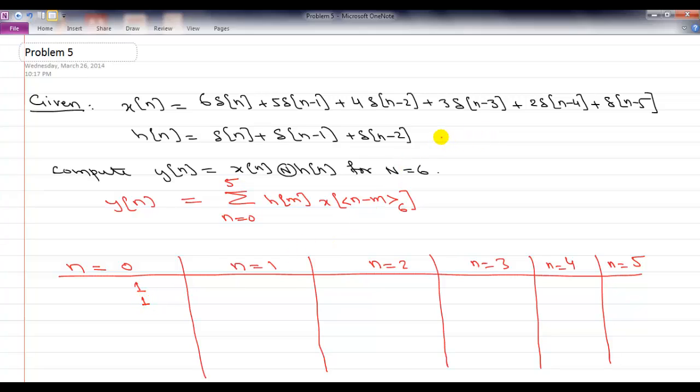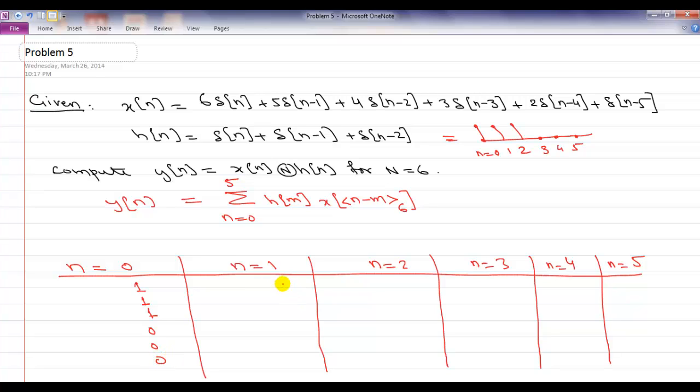So let's write this down. My h looks like I have 1 at 0, 1 at 1, 1 at 2, and then I have 3 zeros. So I get 1, 1, 1, 0, 0, 0.